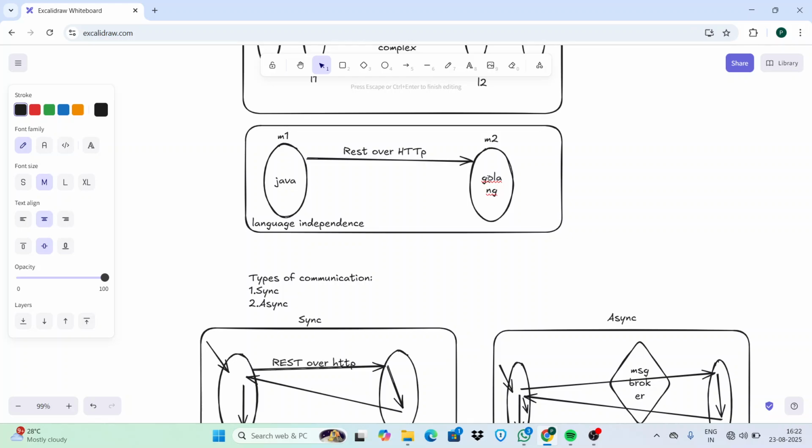All the logic should be coded inside that microservice only, and the communication between the microservices should be as dumb as possible, so that each microservice can be written in any language. The condition is that the language should support the REST standards.